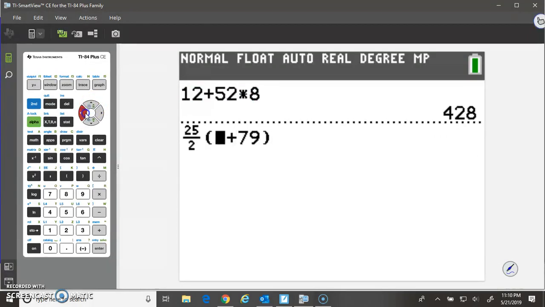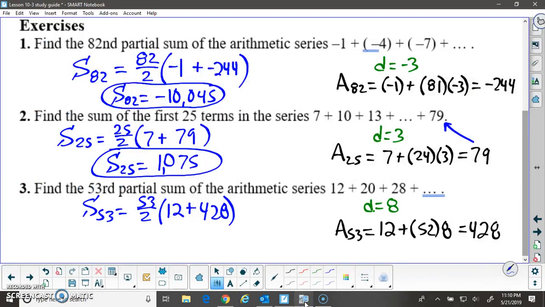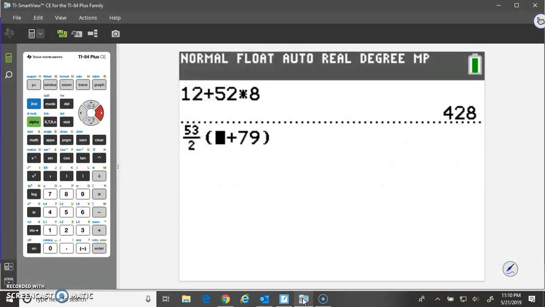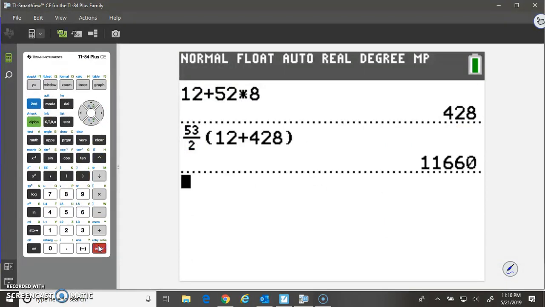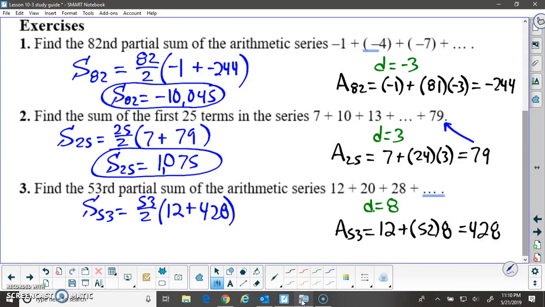And if we change these values, we got 53 over 2. Our first term was 12, and then 428. And that gives us a total sum of 11,660. And again, that's the sum of the first 53 terms.